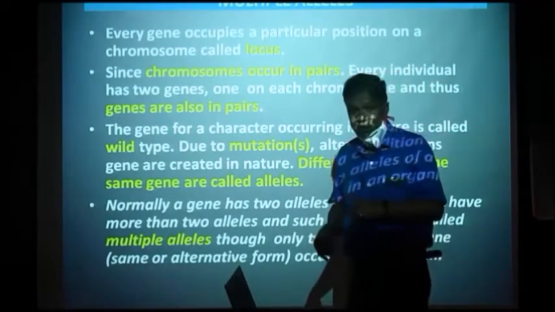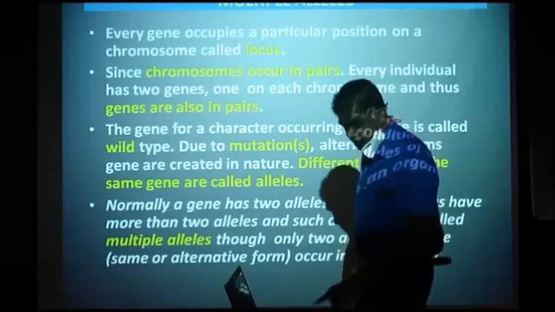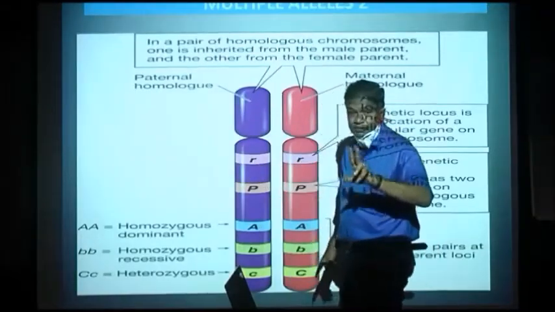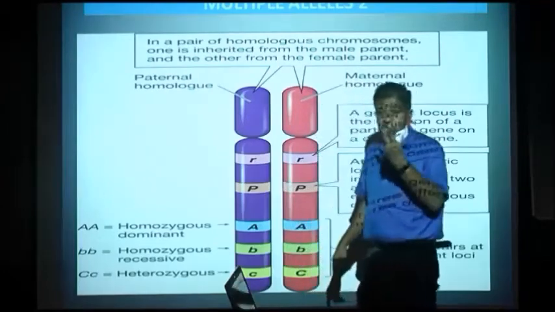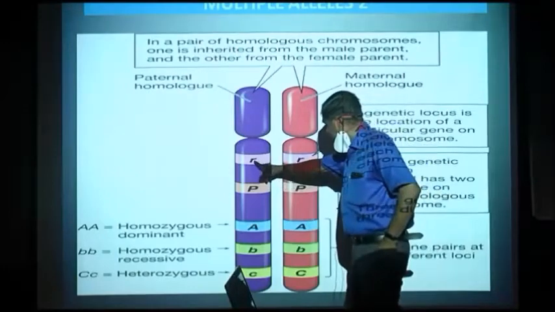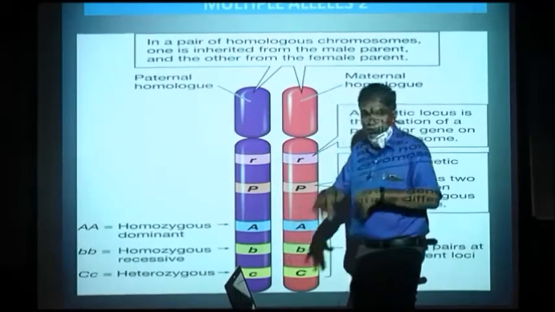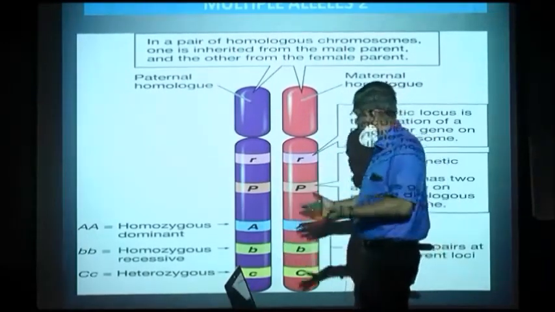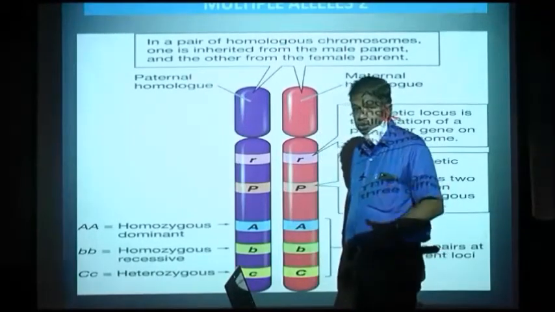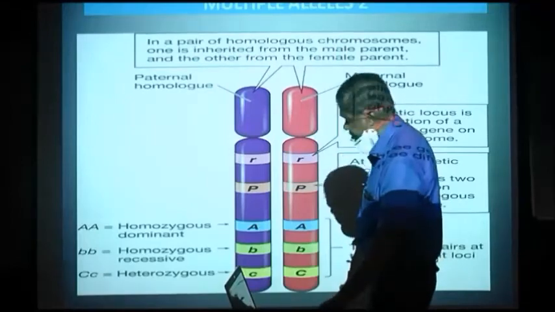However, you must remember that here the position on the two chromosomes will be occupied only by two alleles, that is one here and one here. Both may be same or different, only two alleles are possible. So if there are more than two alleles, different combinations come in.